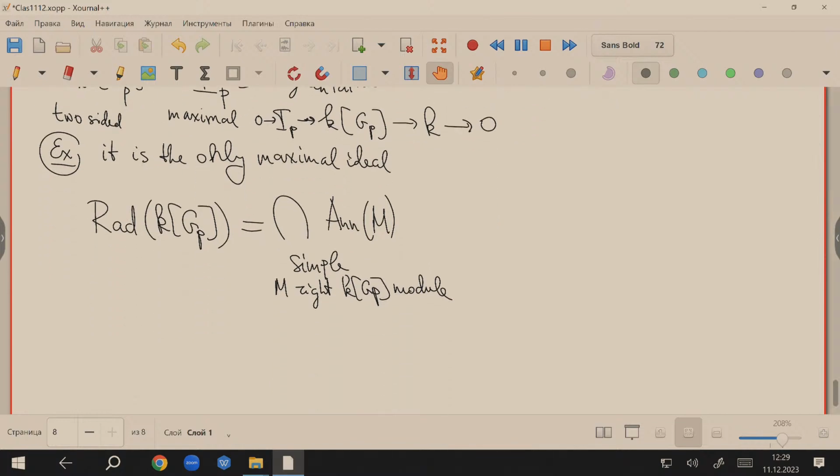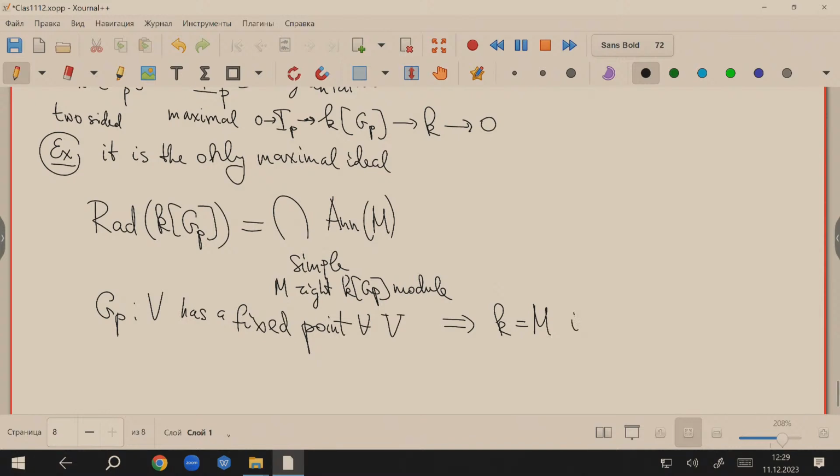And notice that since you have the property that GP on any vector V has a fixed point, this implies that you have only one irreducible module, which is K. K is the only simple K of G module.